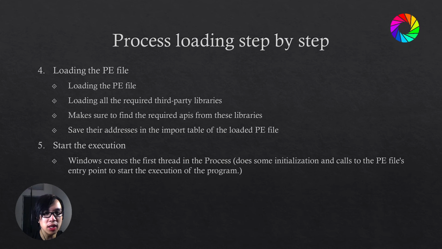In loading the PE file, it loads all the required third-party libraries and makes sure to find the required APIs from these libraries. Then it saves their addresses in the import table of the loaded PE file.